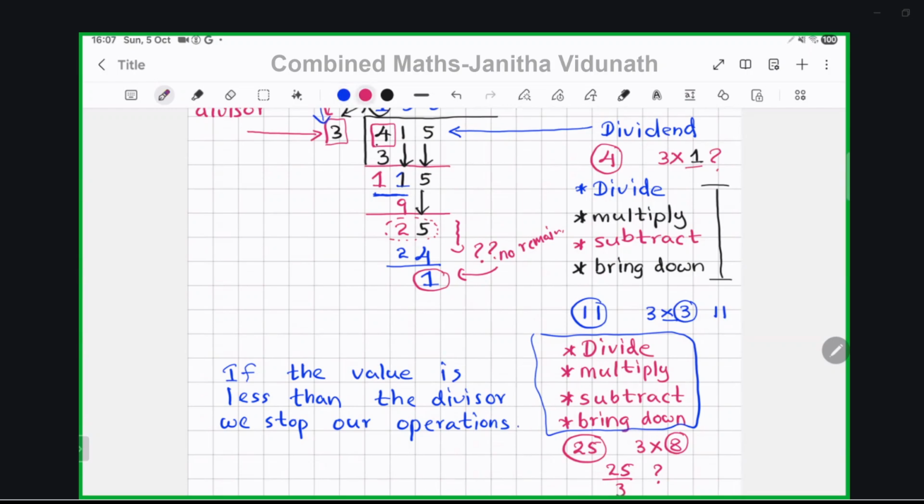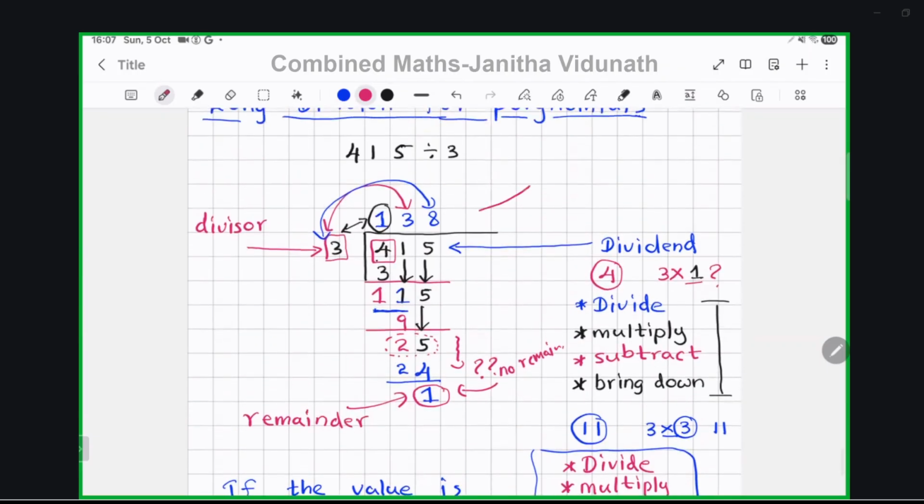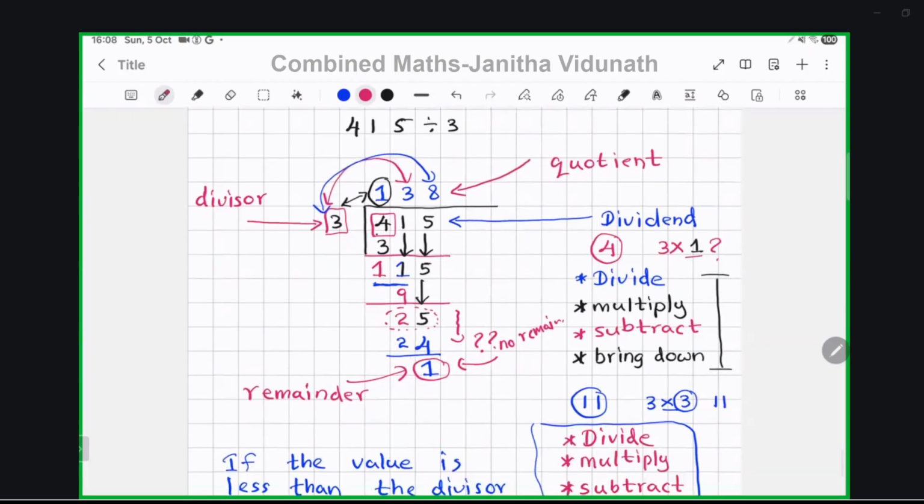Then the final value, we call this value the remainder. And the value on the upper side, that means 138, we call the quotient. This is the dividend and this is the divisor. This is the remainder and this is the quotient.